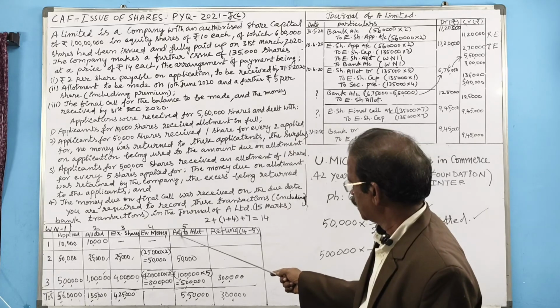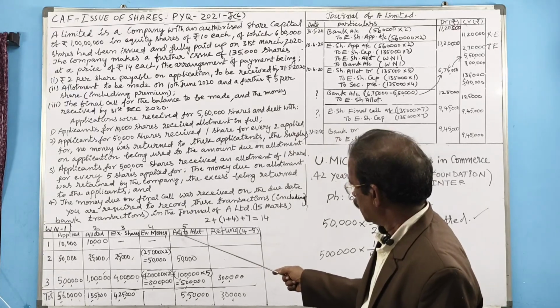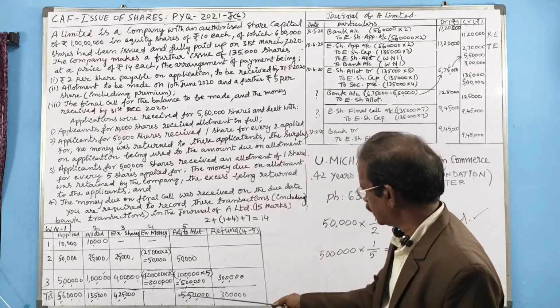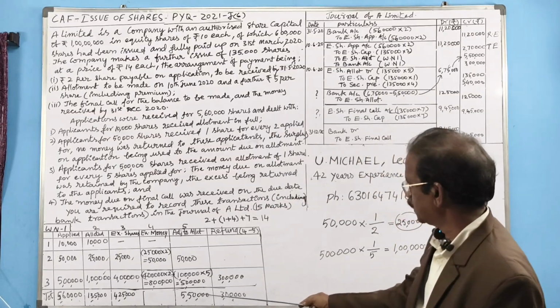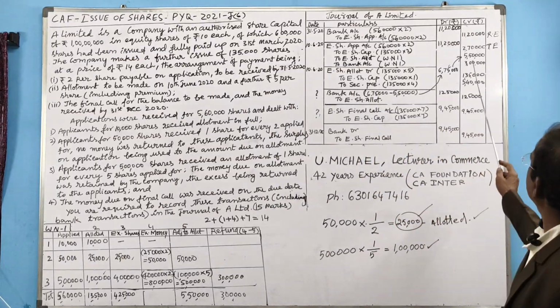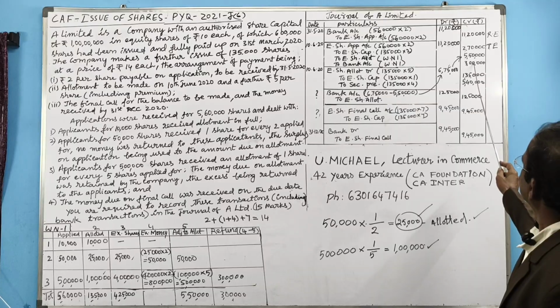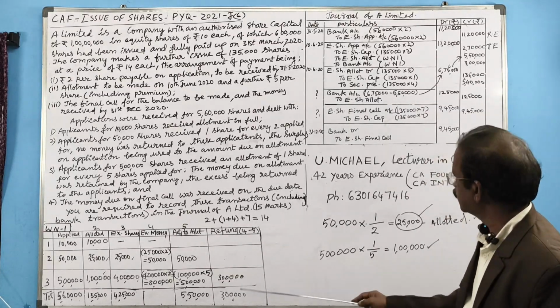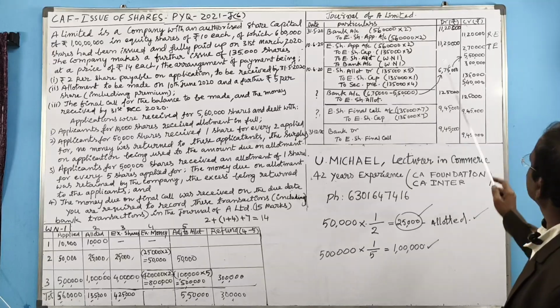How much? That excess application money transferred to allotment, 5,50,000. This figure you have to write here. And the remaining amount, 3 lakhs refund. Refund you have to write here.